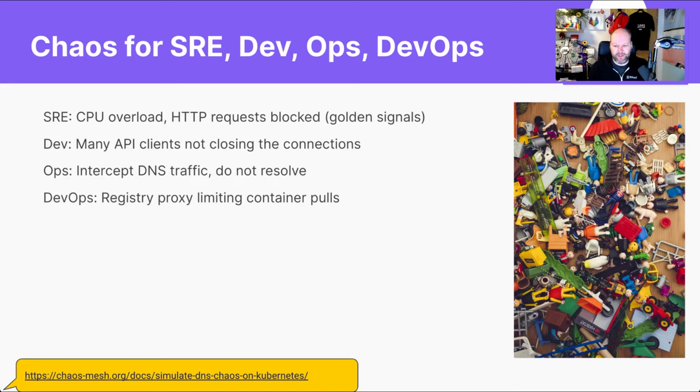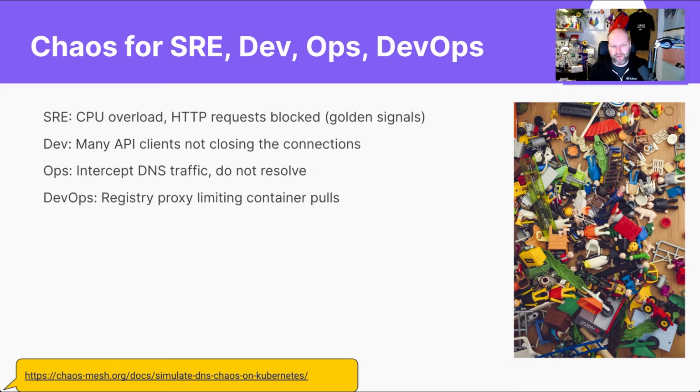Now, thinking about the stories I told you before, like what is needed to really add chaos to your deployments. As an SRE, maybe adding something which is a CPU overload, or HTTP requests are getting blocked, so the golden signals become available again. As a dev who's struggling with REST APIs and building software, maybe simulate something where API clients are not closing the connections correctly, or something is intercepting the DNS traffic or something else.